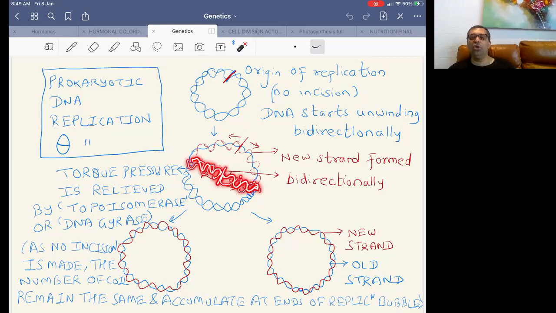So old strand has new nucleotides coming bidirectionally, and this is your theta.